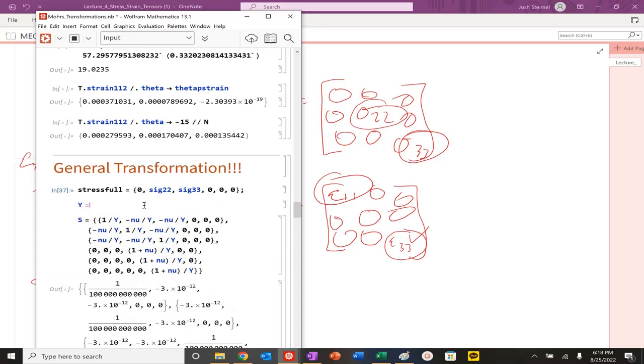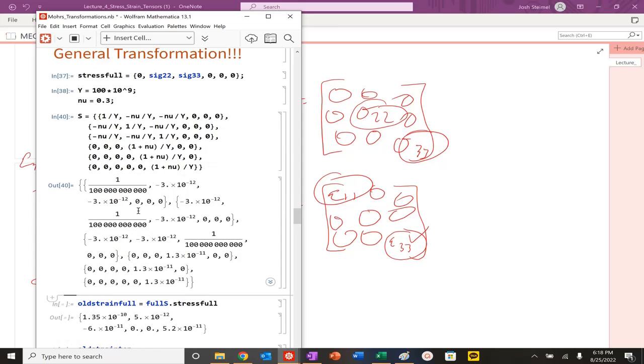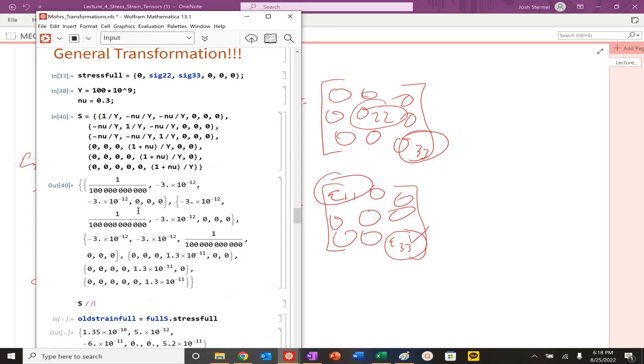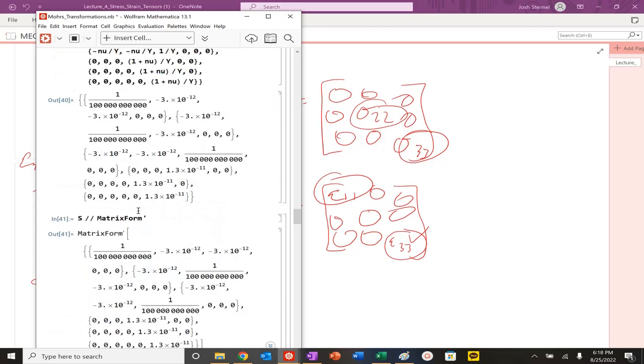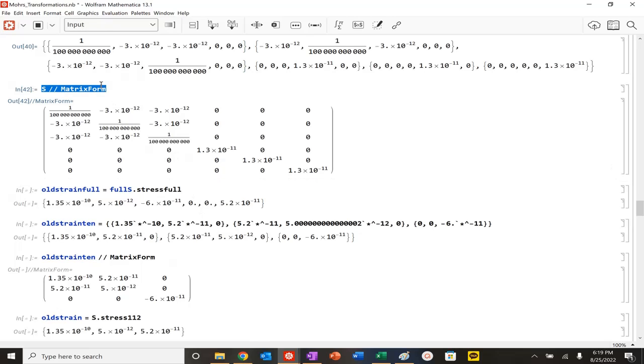We knew that our Y was equal to 100 times 10 to the 9th because it's a metal. We know our nu is equal to 0.3 because it's a metal. And once we have that, we have our full S tensor, so you could just say S in matrix form. You can see the value. It would have been nicer to do that previously. Don't perform mathematical operations using this, but we've got that.